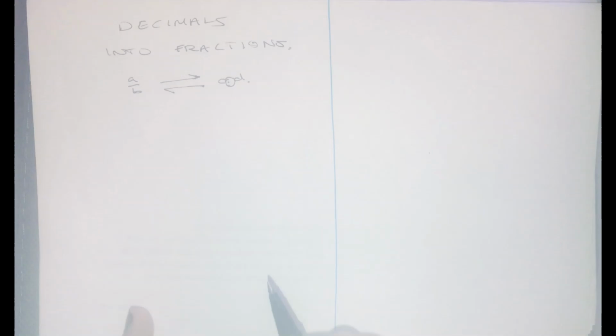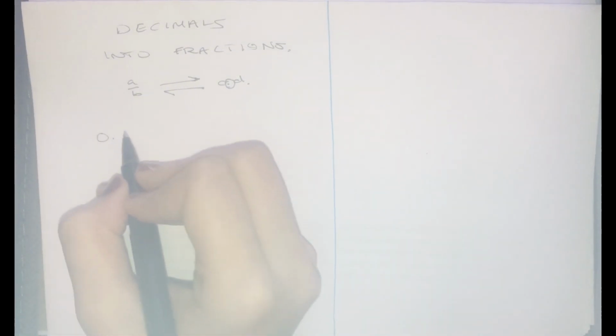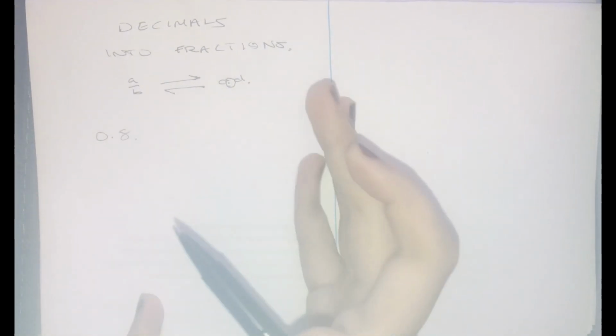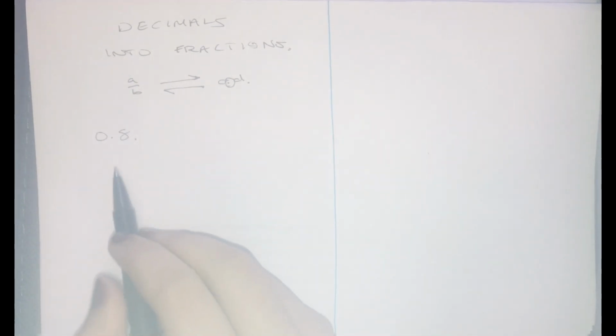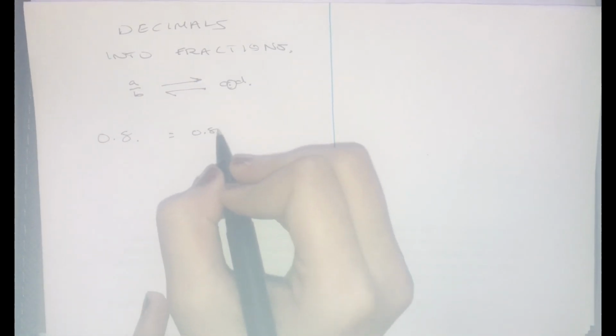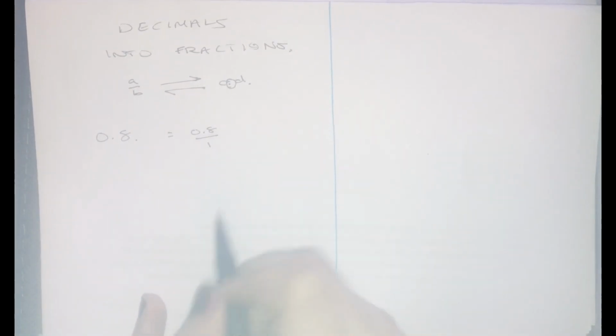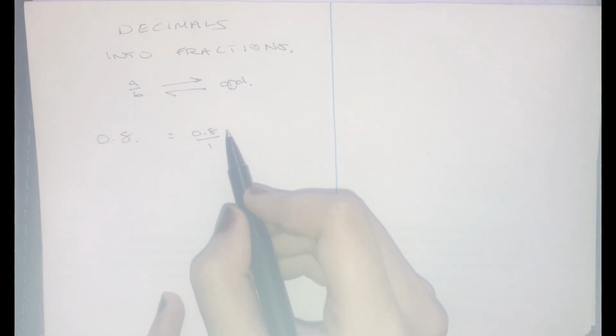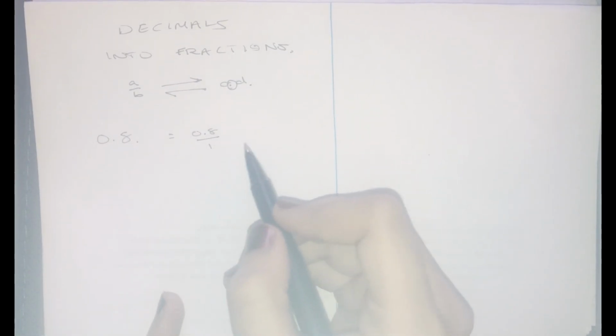The first decimal that I would like to start with is 0.8. To convert it into a fraction, you take the digit after the decimal point. So 0.8 is equal to 0.8 over 1, because it's the same. You can just write it like this, and then you multiply it by 10 or a multiple of 10.